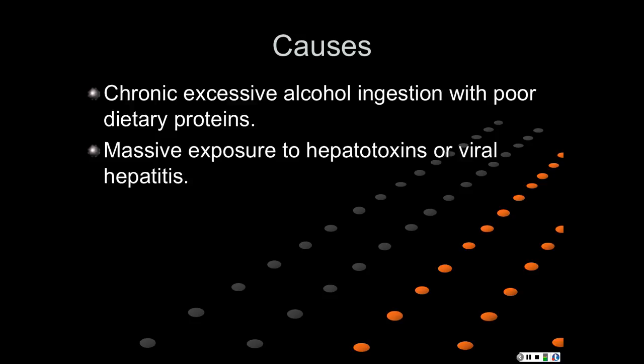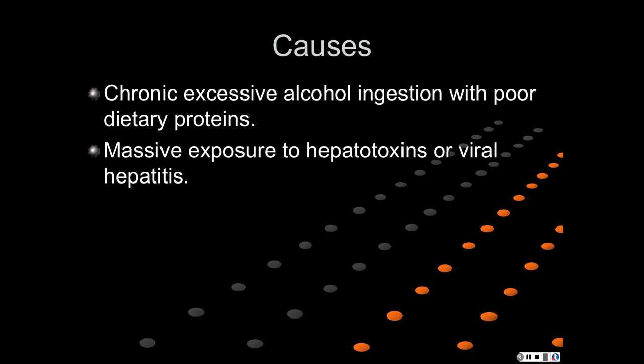Main cause for chronic liver disease or cirrhosis is excessive alcohol ingestion with poor dietary proteins. Because sometimes what happens when people are drinking, they don't have time to eat. They feel full, they don't eat. Okay, or they don't eat well, or they may just eat the wrong type of food.